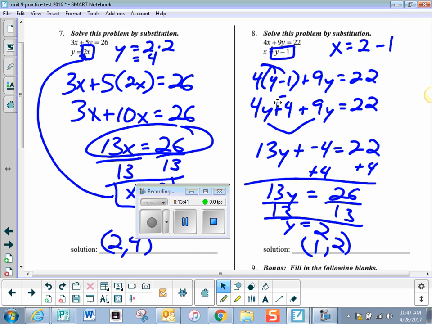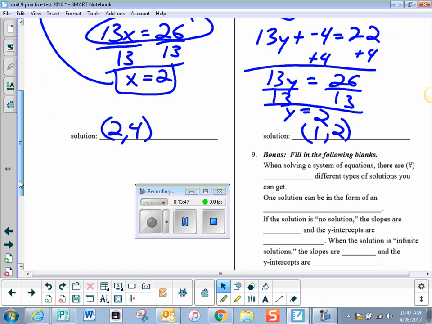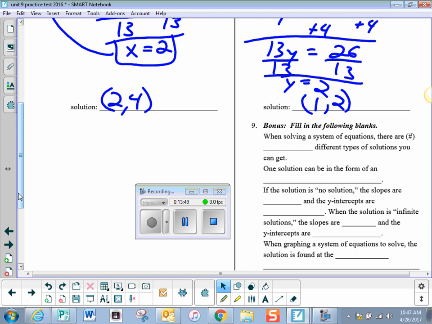Okay, and the bonus, this was really just common sense. Stuff we've been going over time and time again. When solving a system of equations, there are 3 different types of solution. One solution can be in the form of an ordered pair. If the solution is no solution, the slopes are equal and the y-intercepts are not equal.